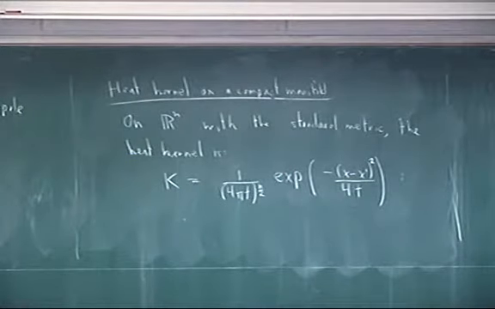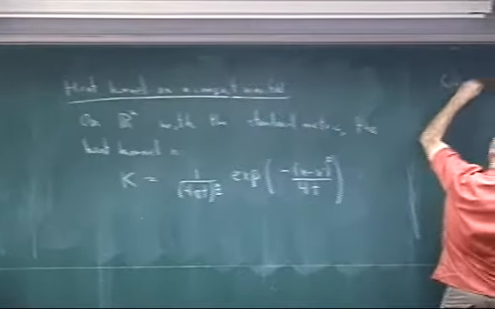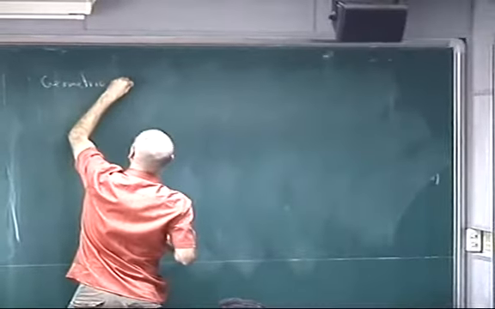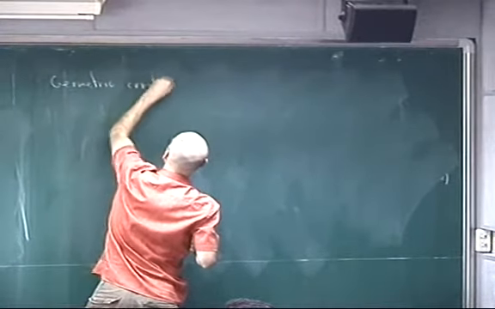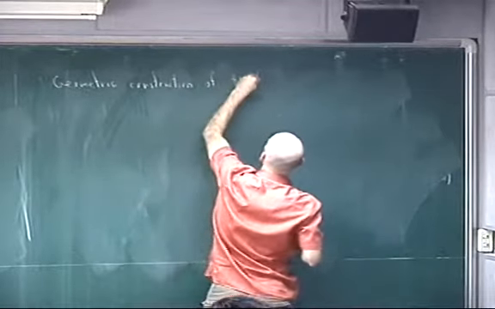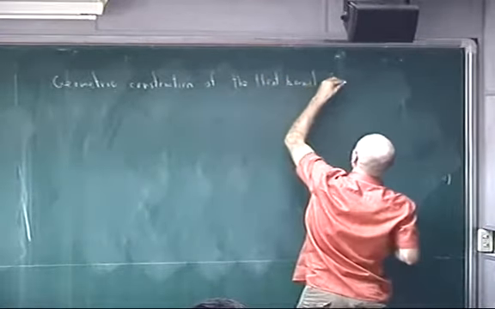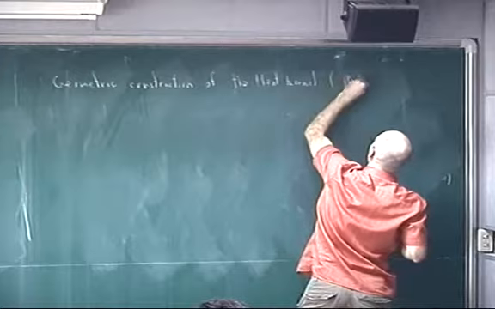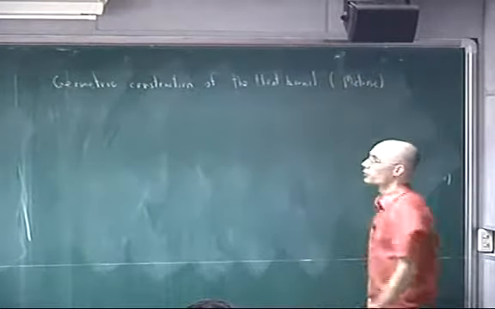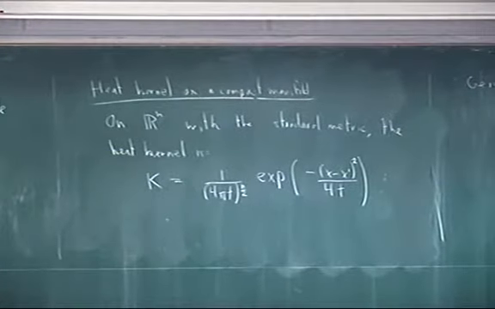And one geometric construction of the heat kernel follows Melrose. So one way to implement this geometrically is to try to identify a space where this would become smooth.